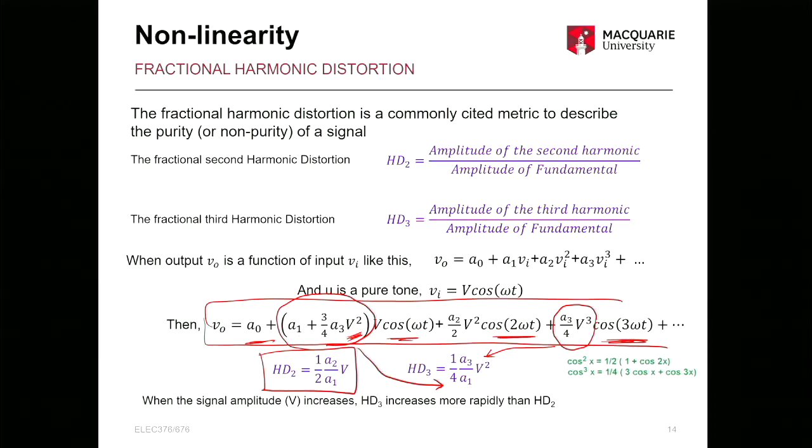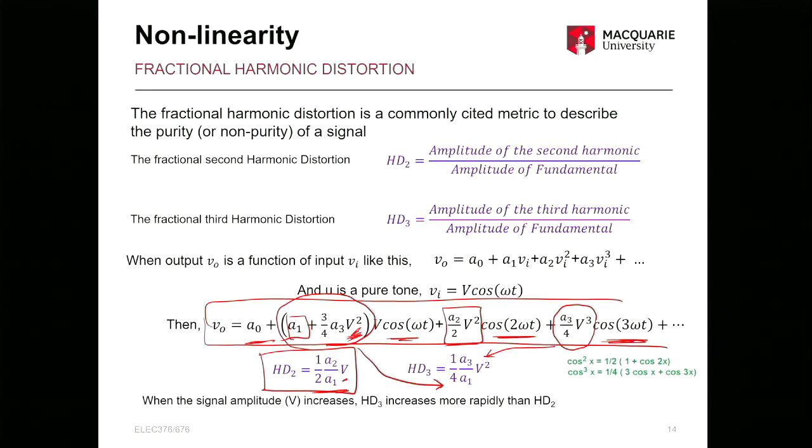HD2 is the amplitude of the cos 2 omega t term divided by the amplitude of the cos omega t term. The amplitude of the cos 2 omega t term is this one, A2 divided by 2 V square. And the amplitude of the cos omega t term is just A1 if you ignore the V square term. So when you find the ratio, you get half of A2 divided by A1 times V.